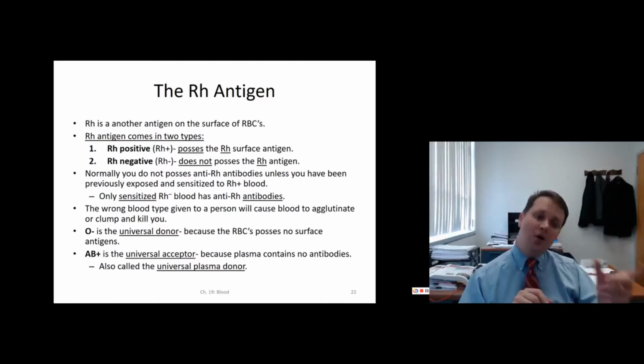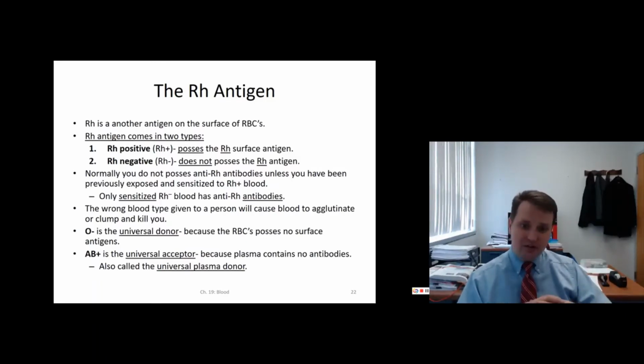O negative blood is called the universal donor because there are no surface antigens and the antibodies have been removed. AB is the universal acceptor because they have no antibodies present. AB positive can have no antibodies because they can't even be sensitized to have anti-AB. So they are the universal recipient or acceptor. We also call them universal plasma donor.